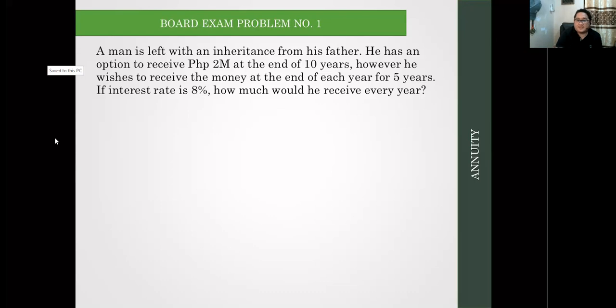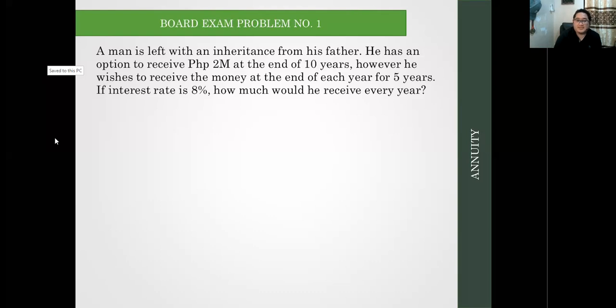So, ganito yung case na nabanggit ko kanina. Ang gusto niya, parang meron siyang mana na 2 million pero 10 years pa niya bago makuha. Eh, medyo atat na yung mama na matanggap yung pera niya. Ayun, pinakompute niya sa bangko. Paano kung halimbawa gagawin sa loob ng 5 taon, ma-receive ko na yung pera. So, syempre si bangko hindi naman papayag na wala siyang benefit o magbibigay na lang siya basta ng pera.